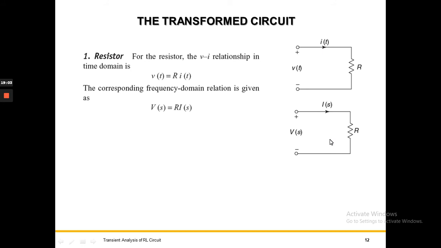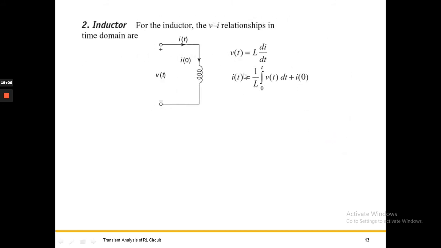Again, this follows Ohm's law. Then in the case of an inductor, you know that the voltage drop across the inductance is proportional to the rate of change of current through it. Or the current through the inductor is proportional to the integral of the voltage across it, plus the initial current.